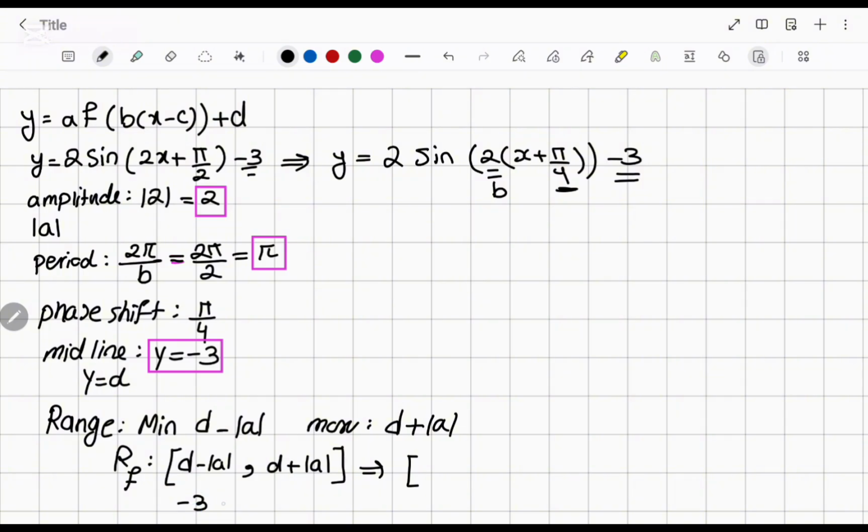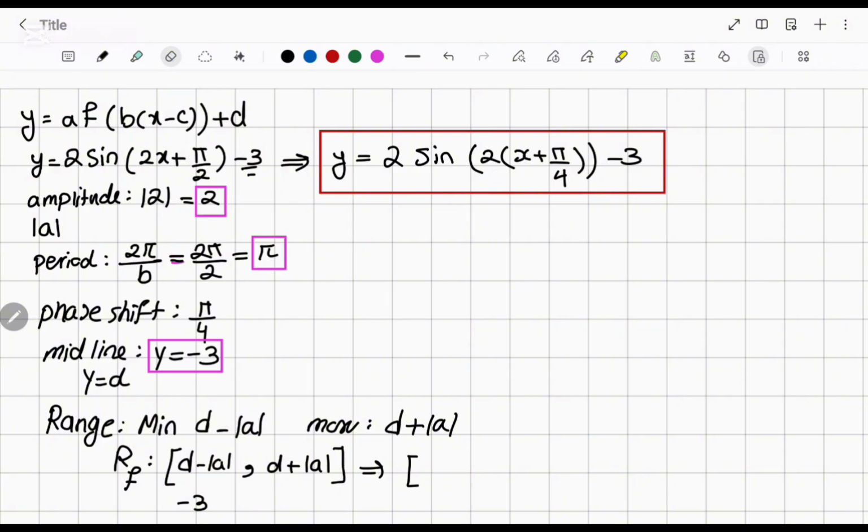-3, what's the a? The a is 2. Guys, this is the original form of the function. I'm going to box it so that we can see exactly what we're dealing with. Let me get rid of these so that we can see everything clearly.